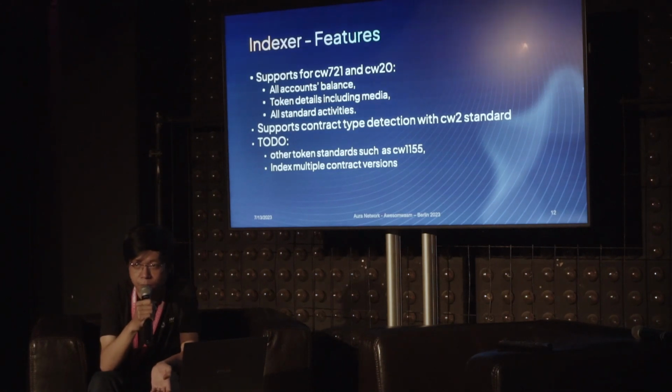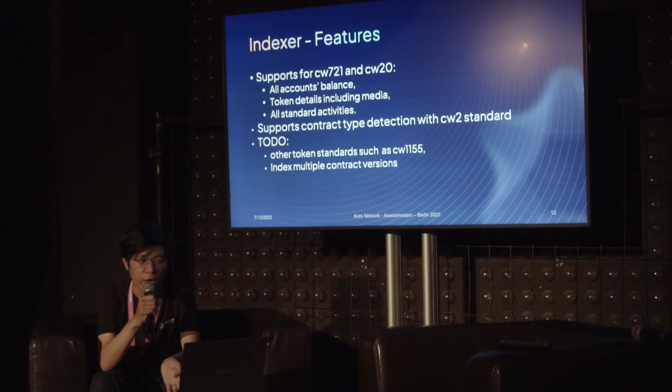As we support more applications, we add more support for smart contract standards such as CW721 and CW20, where we not only track events but also parse all of the events and group them into information.